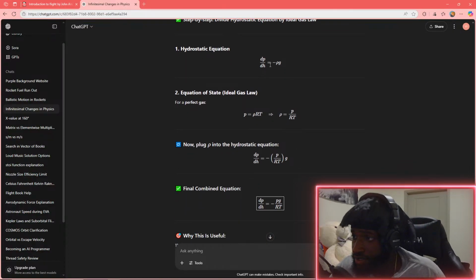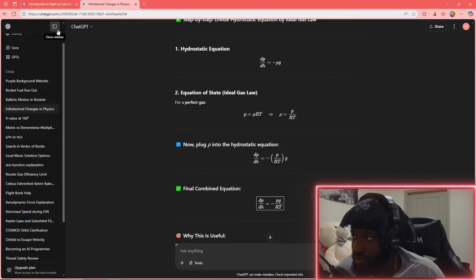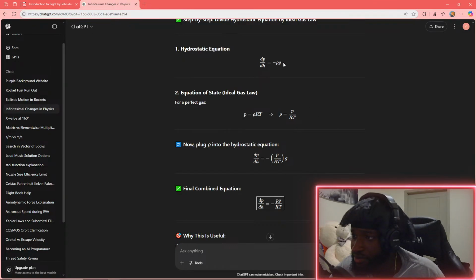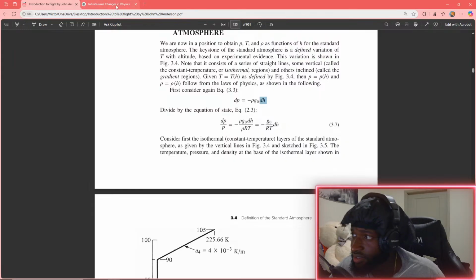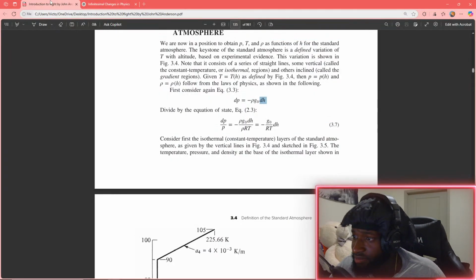The hydrostatic equation is dP equals negative rho g dh. Right, ρg. Forgot your dh, buddy, your small change in altitude. You neglected that for some reason. Okay. Well, I guess it didn't.